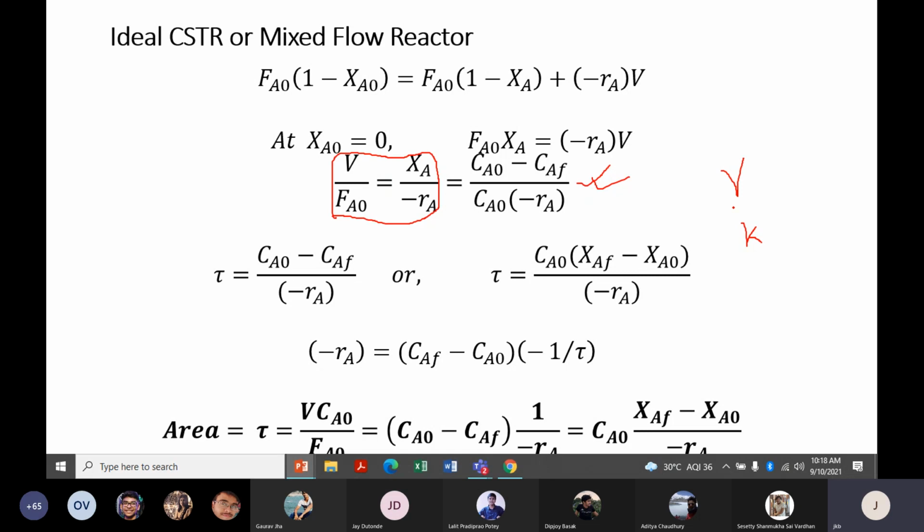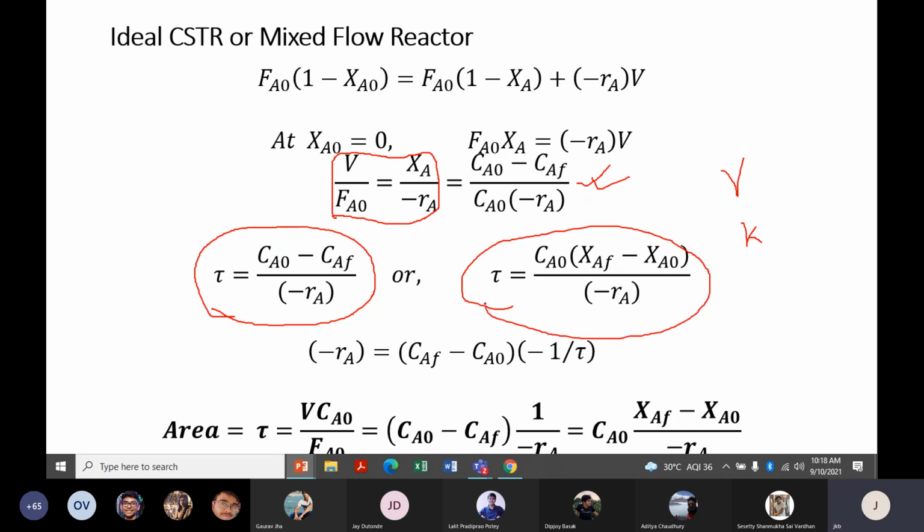And what is the input parameter for reactor design? The full form of rate kinetics and other concentrations, Ca0, Ca, etc. The equation also can be written in the general form: tau is equal to (Ca0 minus Ca) by minus Ra, or in this form.